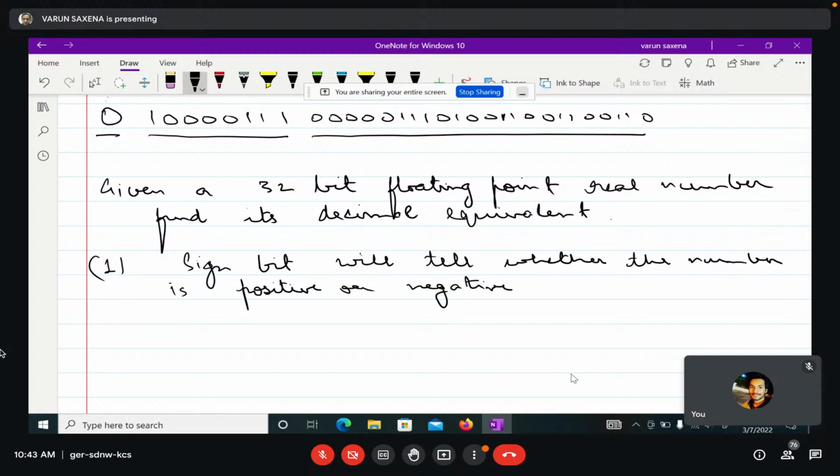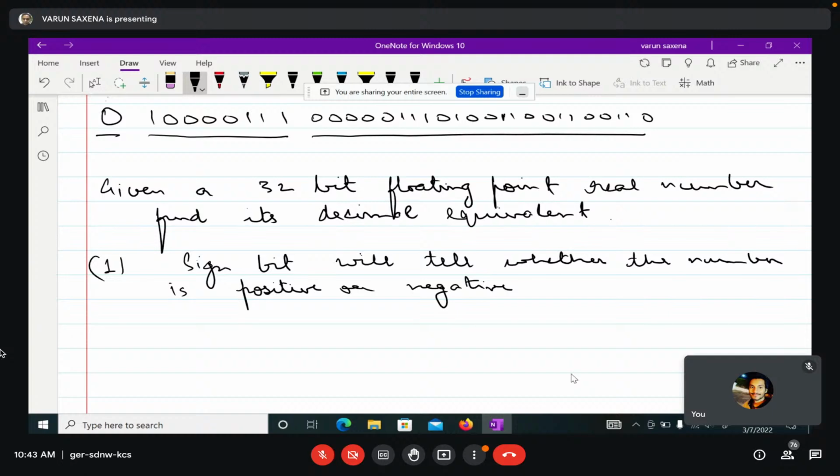If it is negative, then please remember that the mantissa is being stored in the 2's complement form. So you have to convert it again into the real form, so you have to calculate its 2's complement again. So just remember that.